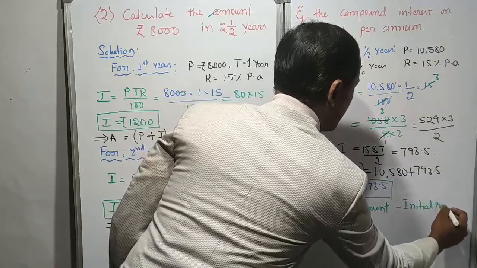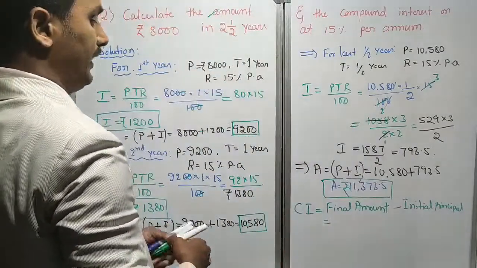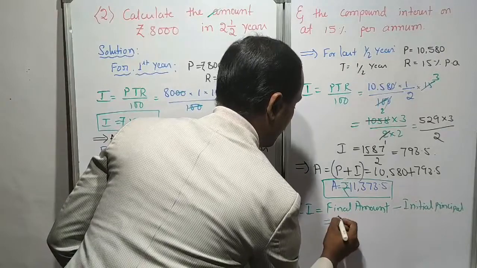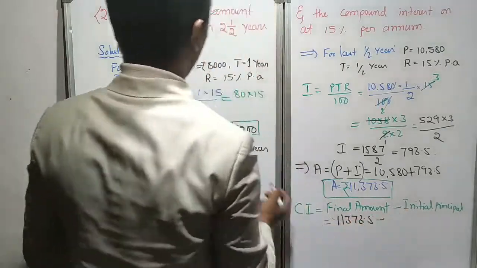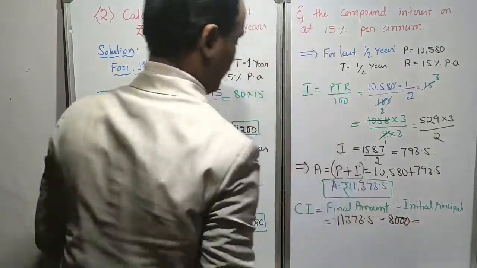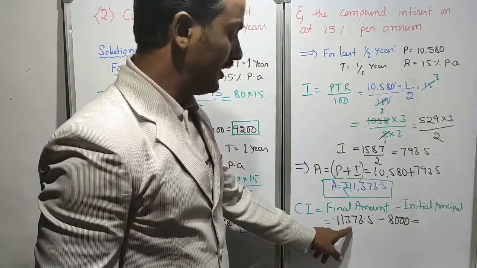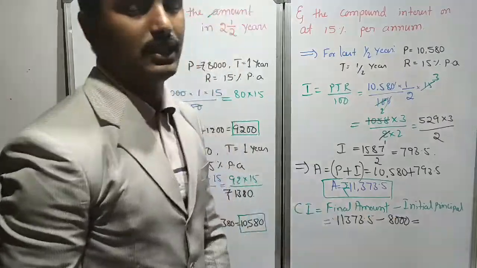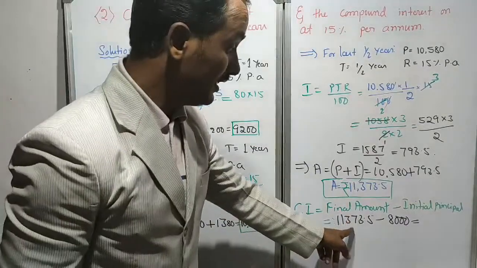How much did we get? 11,000 directly. 11,373.5 minus initial amount 8,000 is equal to... see, easy. You should ignore the 373.5 extra. 11,000 minus 8,000, how much will come? 3,000. 3,373.5.